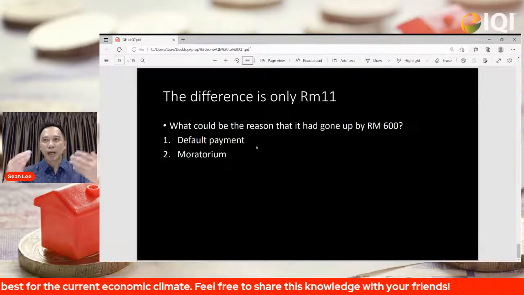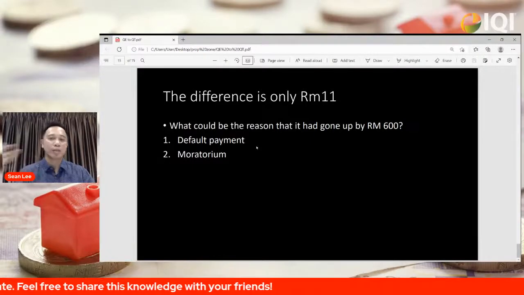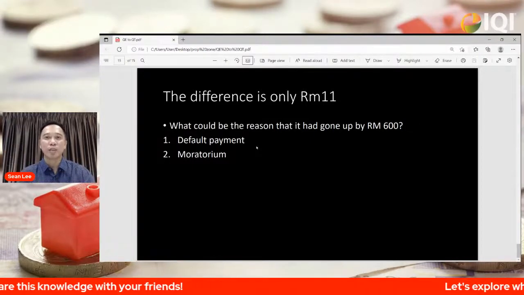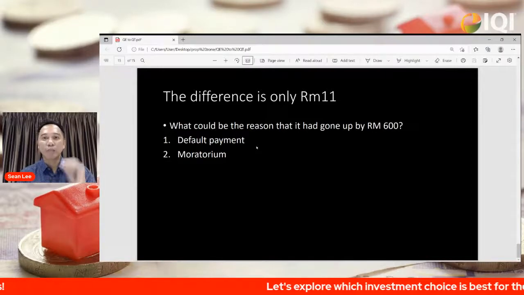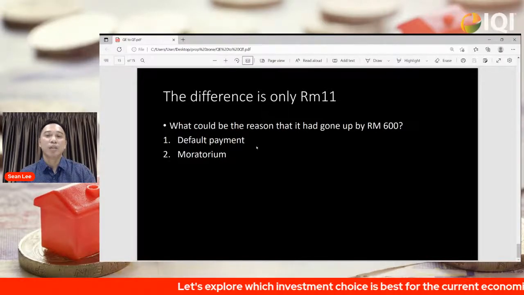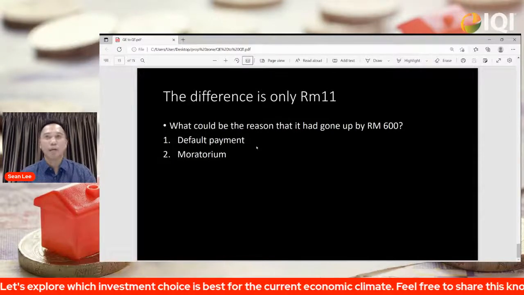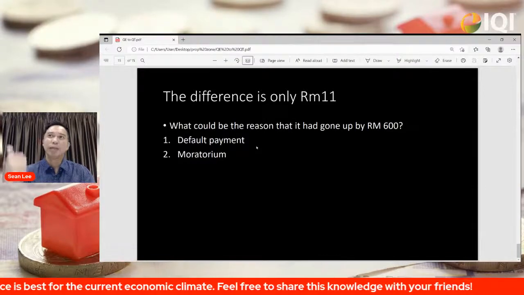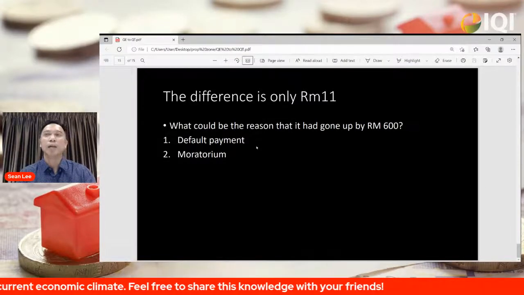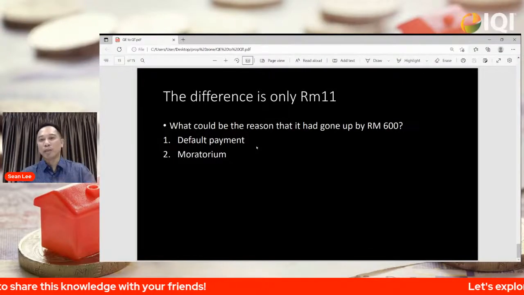The thing I want to highlight to you is that sometimes we see news like this, an increase in interest rate, and think it will definitely increase our monthly installment. If your loan is not a fixed rate, if it follows the daily BR rate or BLR, or standard base rate, and BLR, the impact would not be that much.